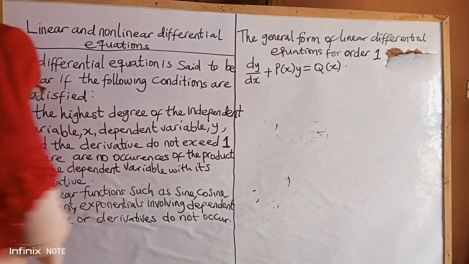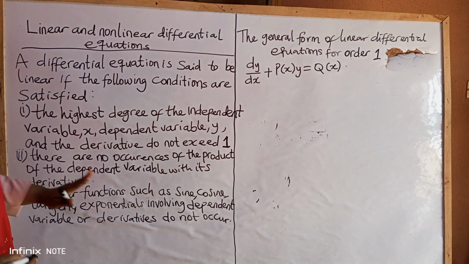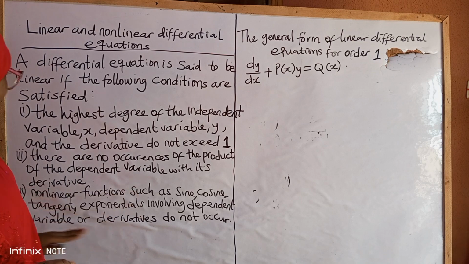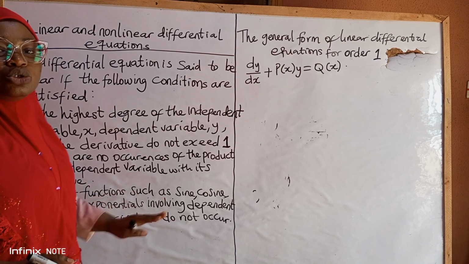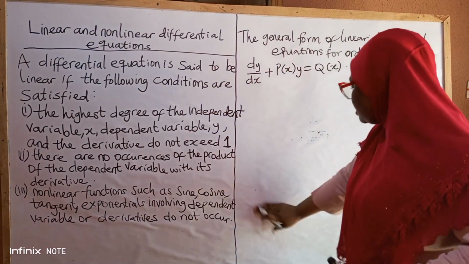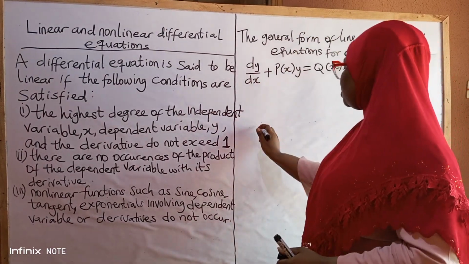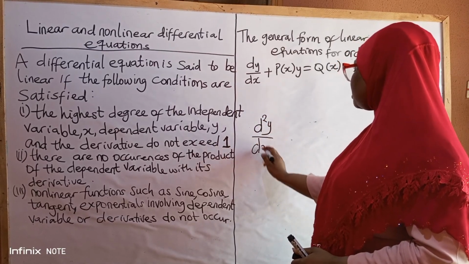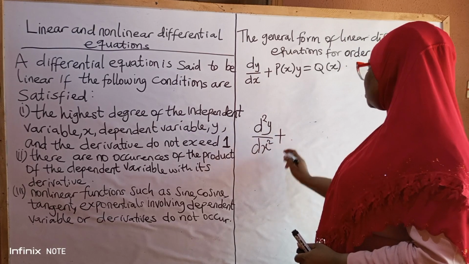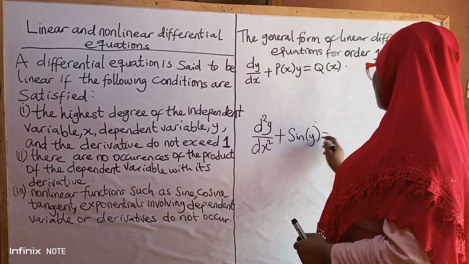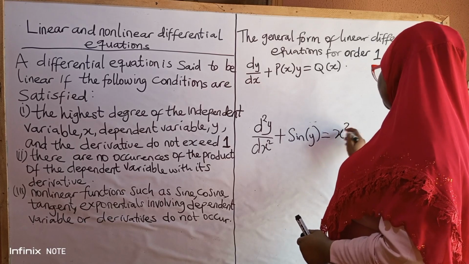The third one, non-linear functions such as sine, cosine, tangent, exponentials involving dependent variable or derivative do not occur. That is, let's say we want to write the differential equation, we now have d squared y/dx squared plus sine y equals x squared.